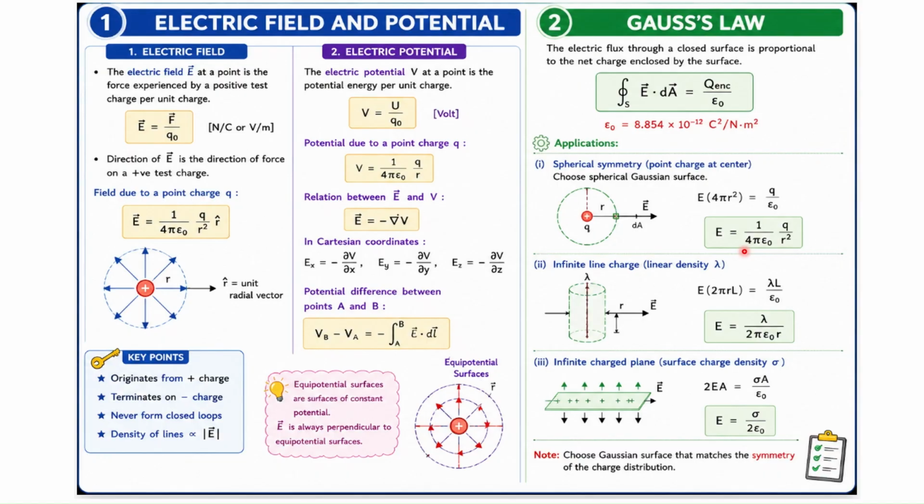Now the second case is an infinite line charge, with a cylindrical shape. What if we have an infinitely long wire with a linear charge density lambda, which is the charge per unit length? Similar to the way we solved the first case, we can isolate E to be lambda over 2 pi epsilon naught r.